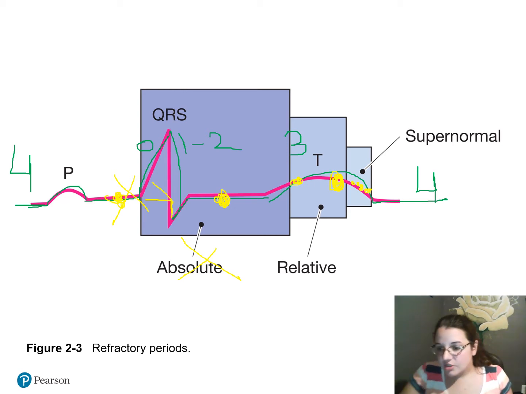You don't want to start off negative, become positive, and stay positive, because your heart never gets to relax and return to its original polarized state. Your heartbeat becomes fast and this can lead you into a heart attack.